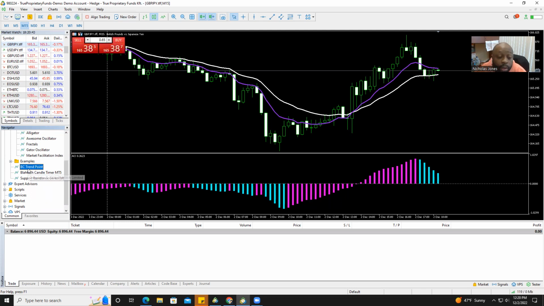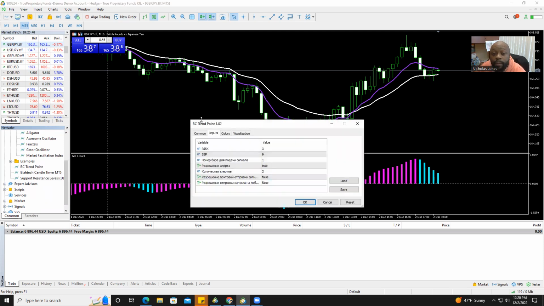So what we do is we drag the BC trend indicator to the screen. Now, I know the information in this area looks like absolute gibberish. It looks like it's Russian, right? But it's that way so that these parameters can't be copied, right?